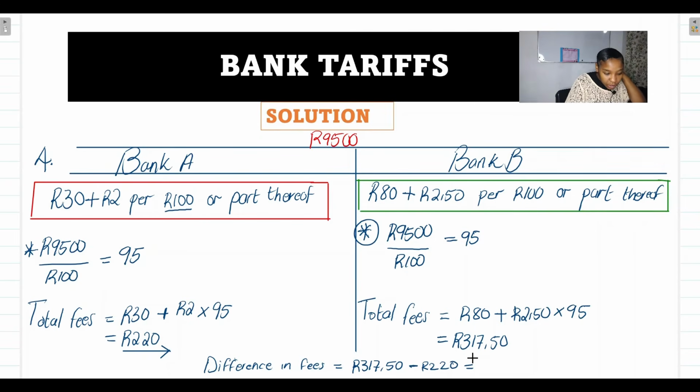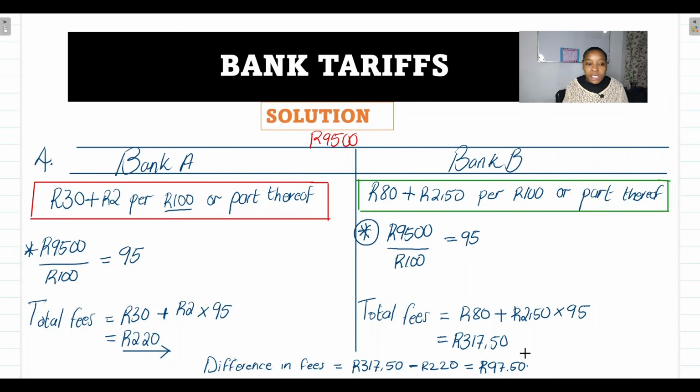If you punch that into your calculator, you'll find that the difference in fees is 97 rand and 50 cents. So if you're banking with Bank B and you make a deposit at a branch, you will pay 97 rand and 50 cents more than you would pay in Bank A.